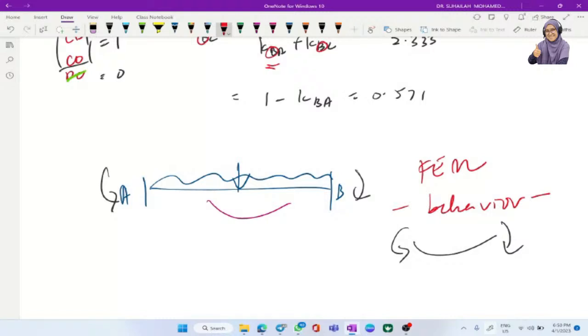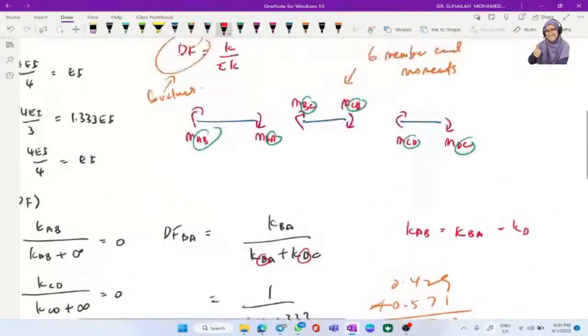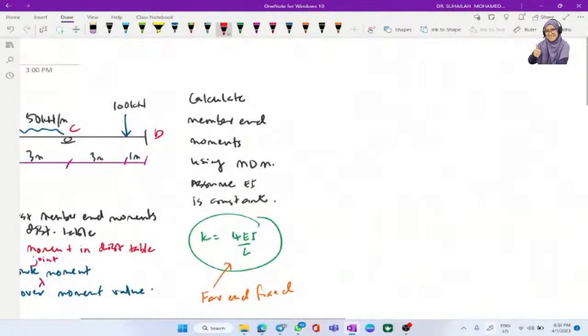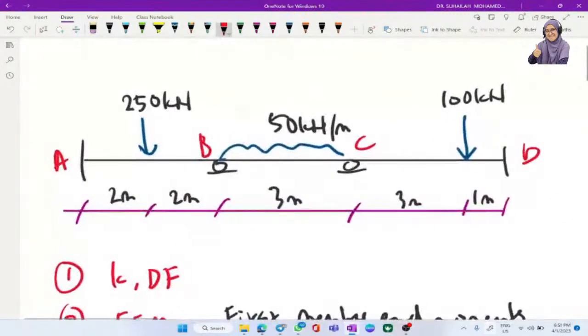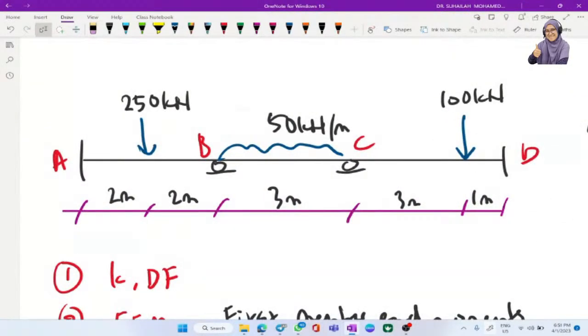The formula is always given for the fixed end moment, in the appendix. So you don't have to remember the fixed end moment formulas. You just need to know how to use them. Refer back to the question. Member AB, member BC, member CD, all these members have loadings.